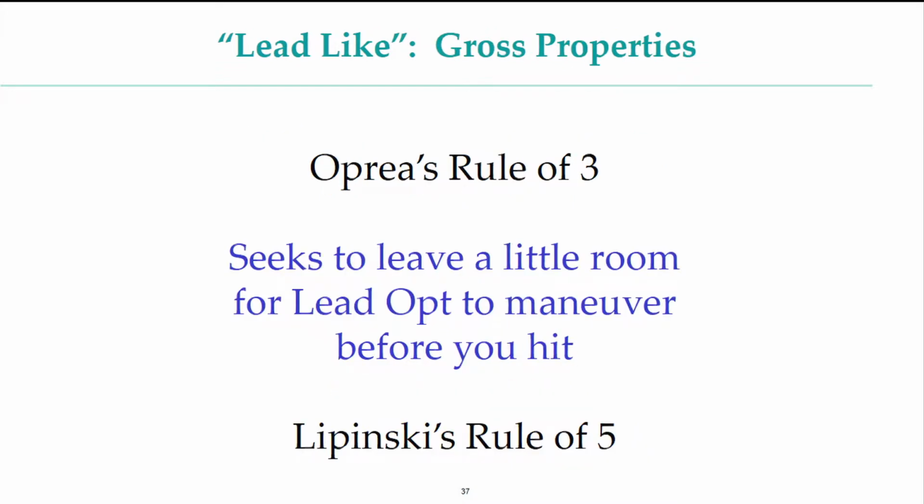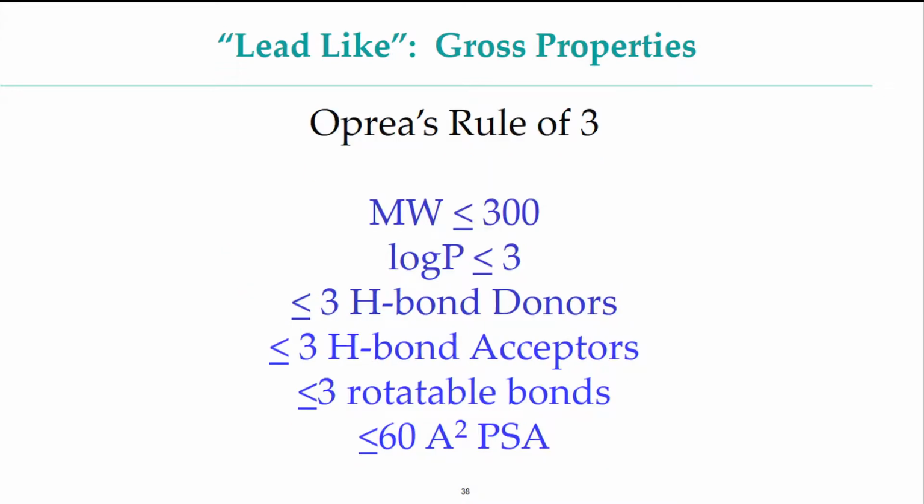So this guy, Aprea, wrote a paper saying that for a hit from a high throughput screen, if you can start lower, that's good. So instead of 500 and log P less than 5, if you start at molecular weight 300 and log P less than 3, that gives you some room in lead opt to improve your potency and get your binding right, and you're still in the Lipinski space.